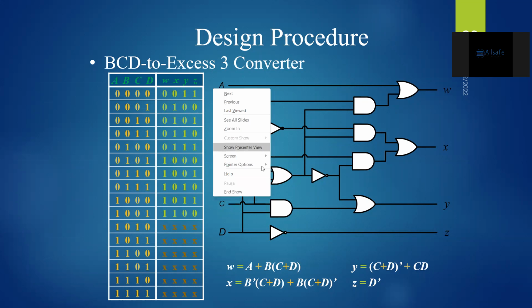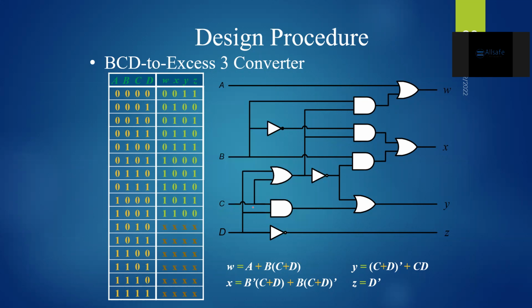You got the point or not? This is C and D, right? What you are going to do is OR them. So this is C here, and this is D here. This is the result of the ORing. From here, you have to AND this one with this P, according to this formula.